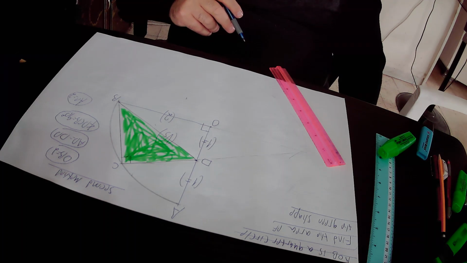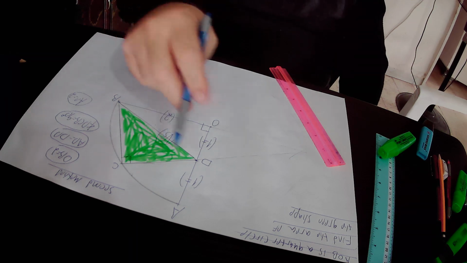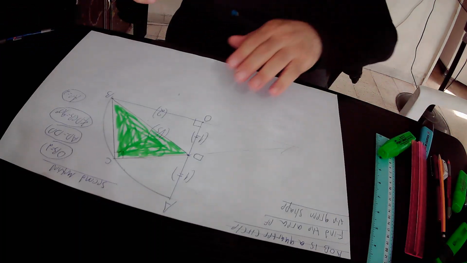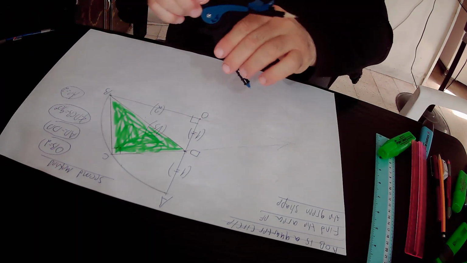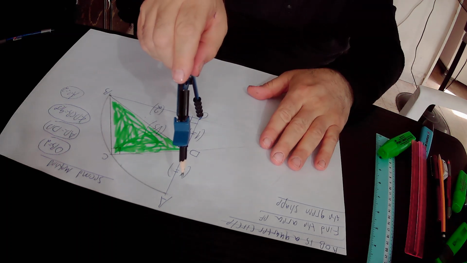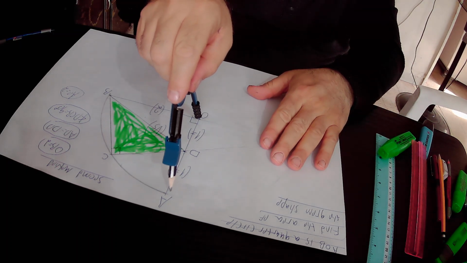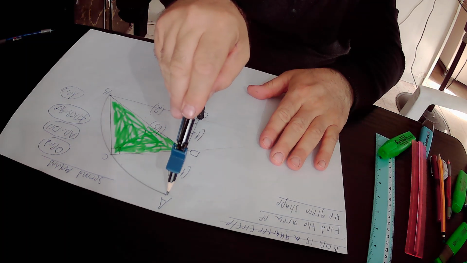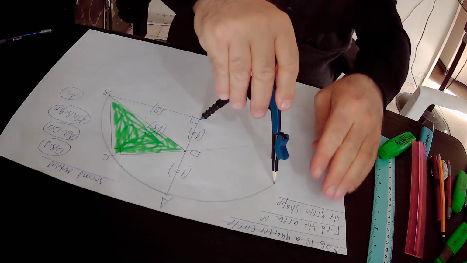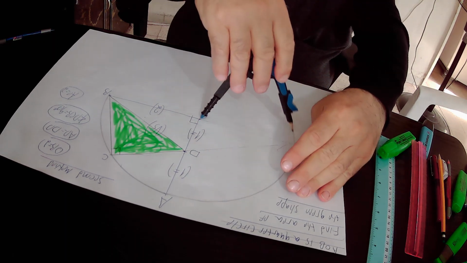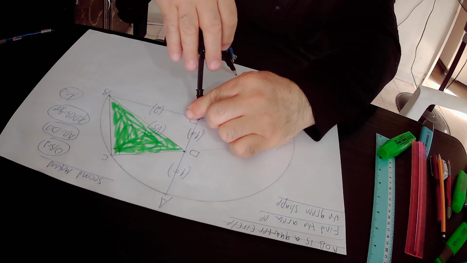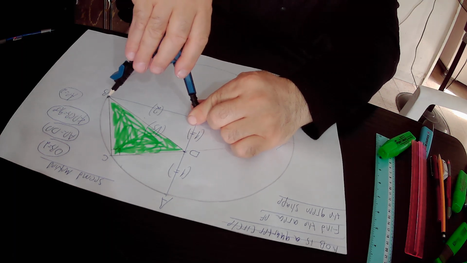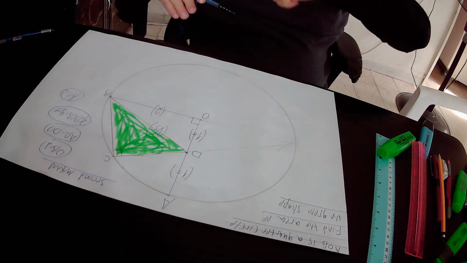So in the next step, we will complete this quarter circle to a circle. We have completed the quarter circle to a circle.